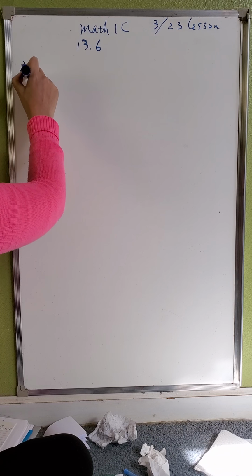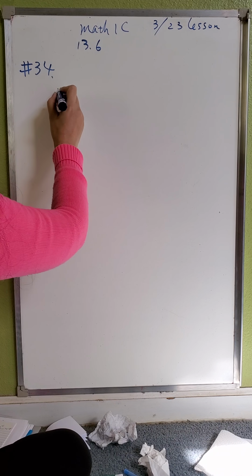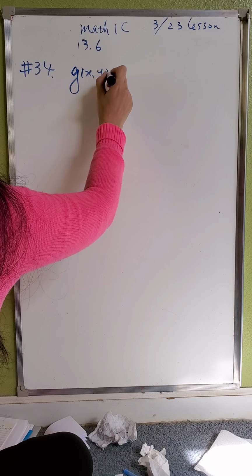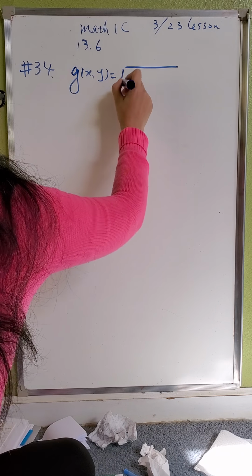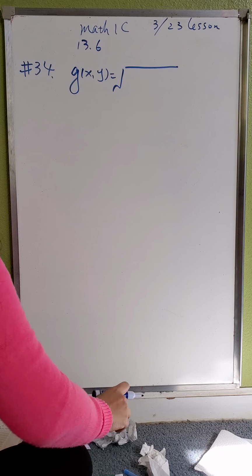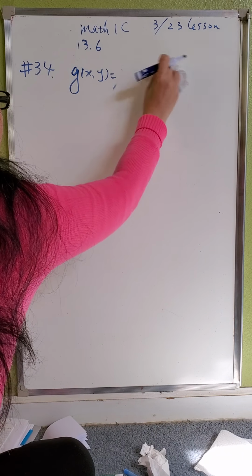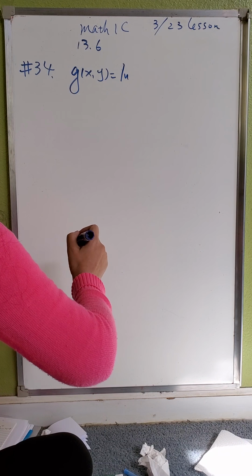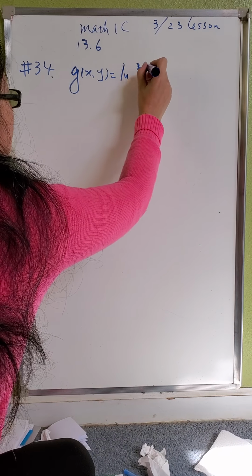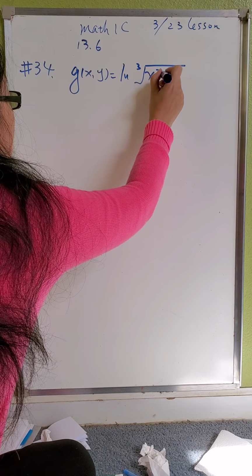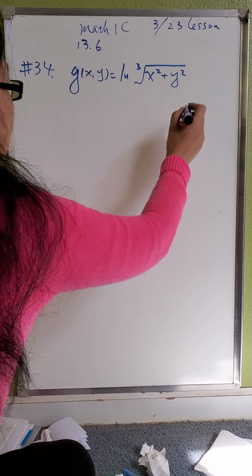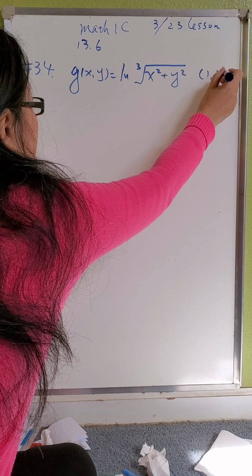Number 34. Okay, you are given a function, the surface function g is equal to, oh, sorry about that, that's a ln of the cube root of x squared plus y squared at the point 1, 2.